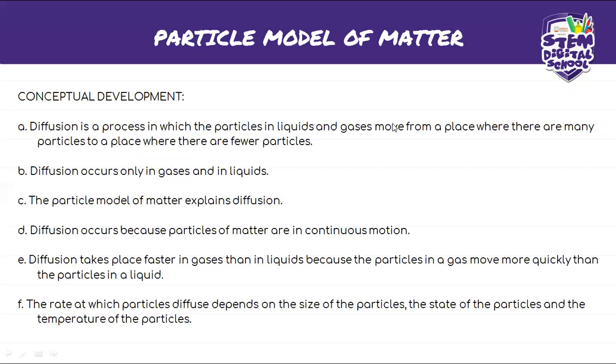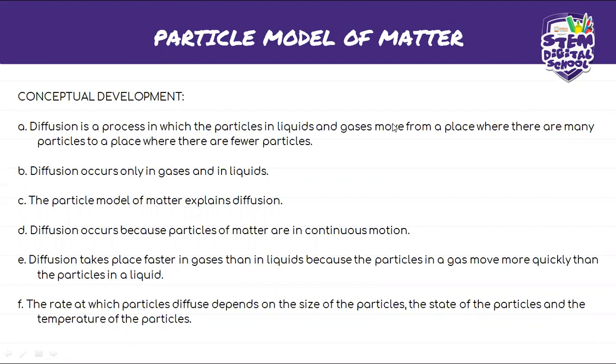Okay, now listen to what the particle model of matter says about diffusion. Diffusion occurs because particles of matter are in continuous motion. So, because the particles of matter are always in motion, diffusion takes place faster in gases than in liquids, because the particles in a gas move more quickly than the particles in a liquid.